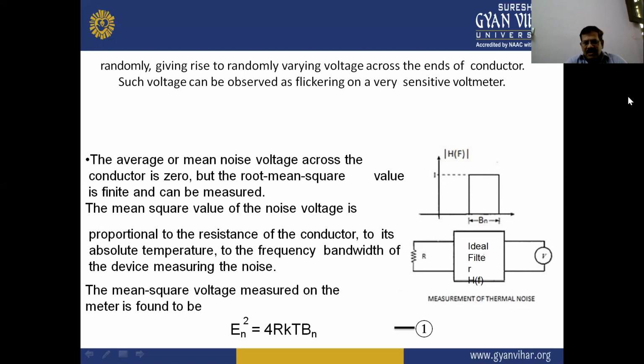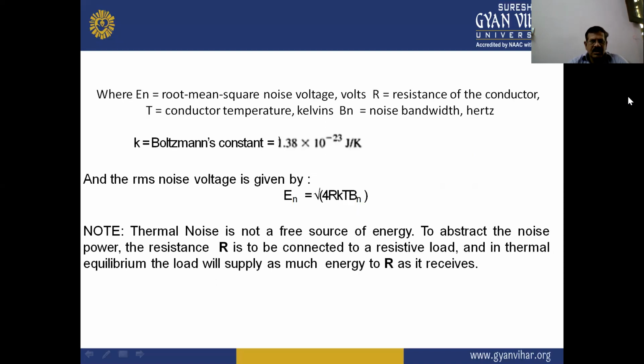There is an ideal filter, and here is a source of voltage and resistance, and the relation between the transfer function and the noise. And this is the noise voltage, 4kTRBn.